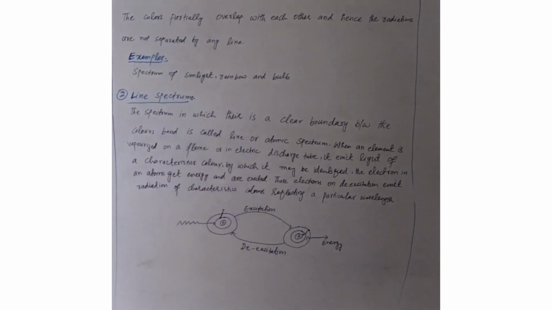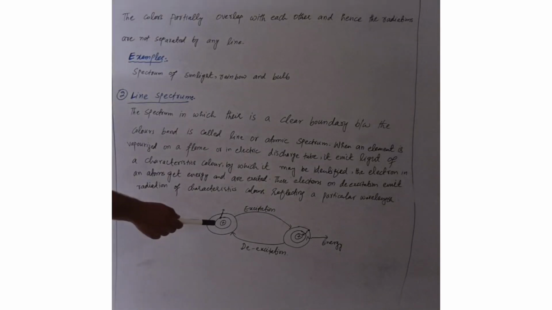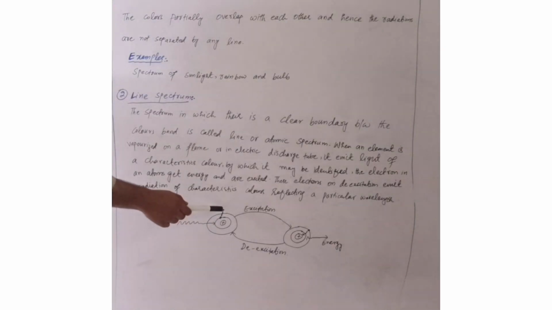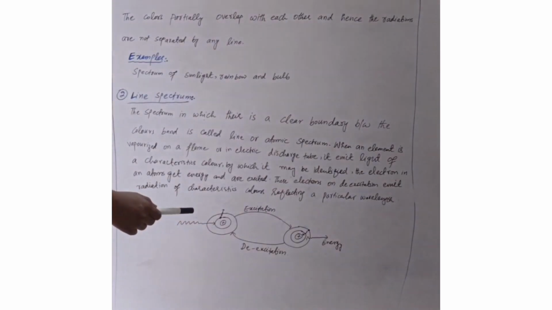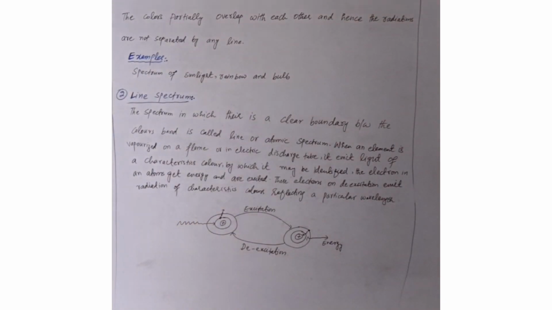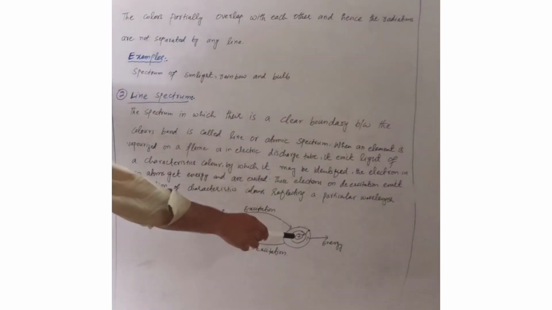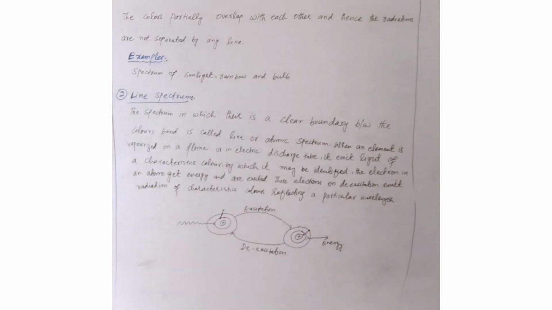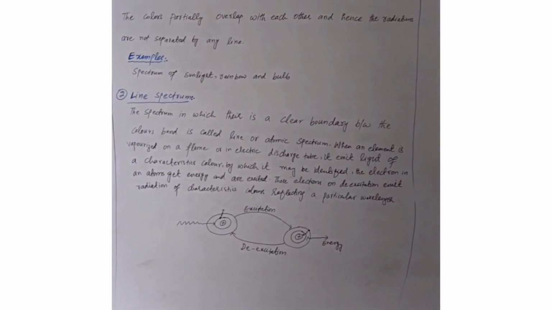In a line spectrum, when we heat a vaporized element in a flame, the electrons get excited, and after the excitation they de-excite, releasing energy in the form of radiation.